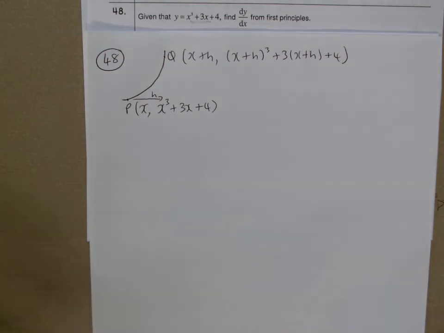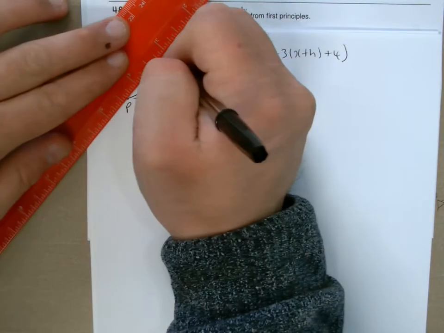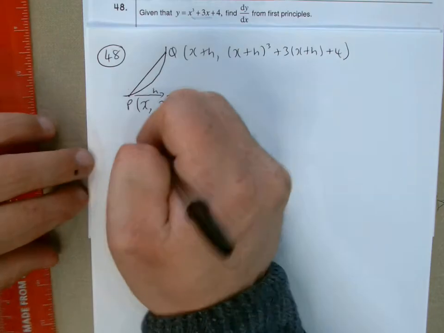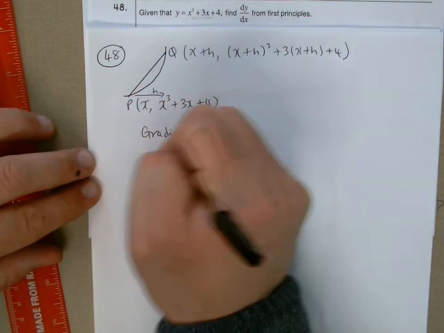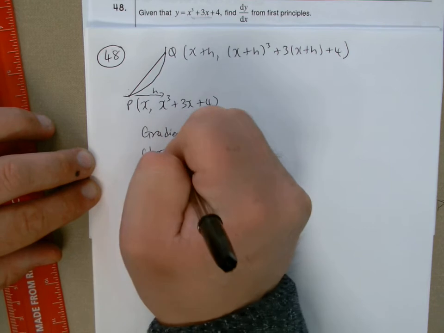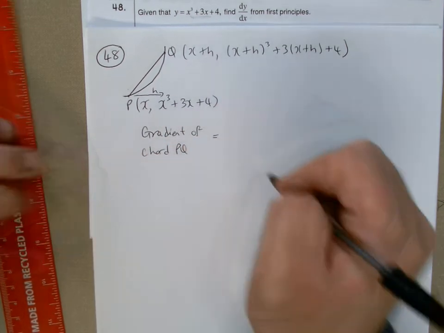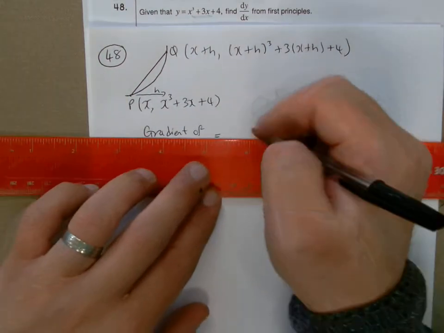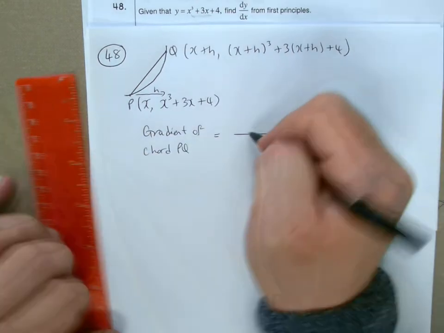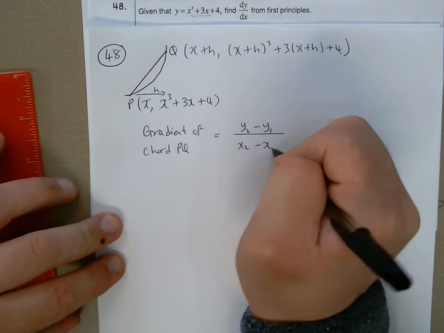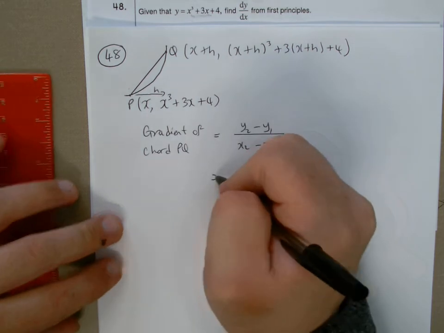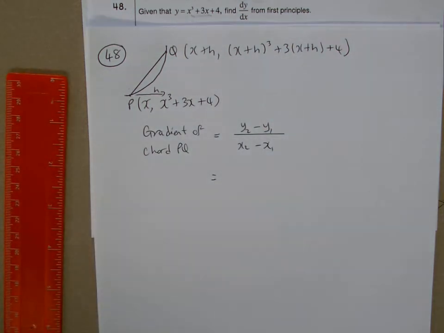So what I'm going to do then is look at the gradient of the chord PQ. Remember that will simply be, because it's a straight line, y2 minus y1 over x2 minus x1, using the coordinate geometry formulas we learned.